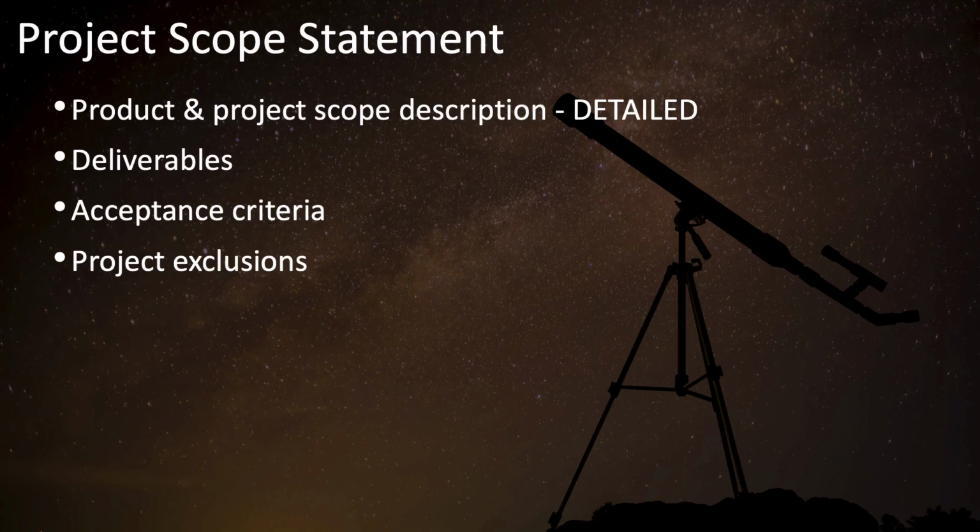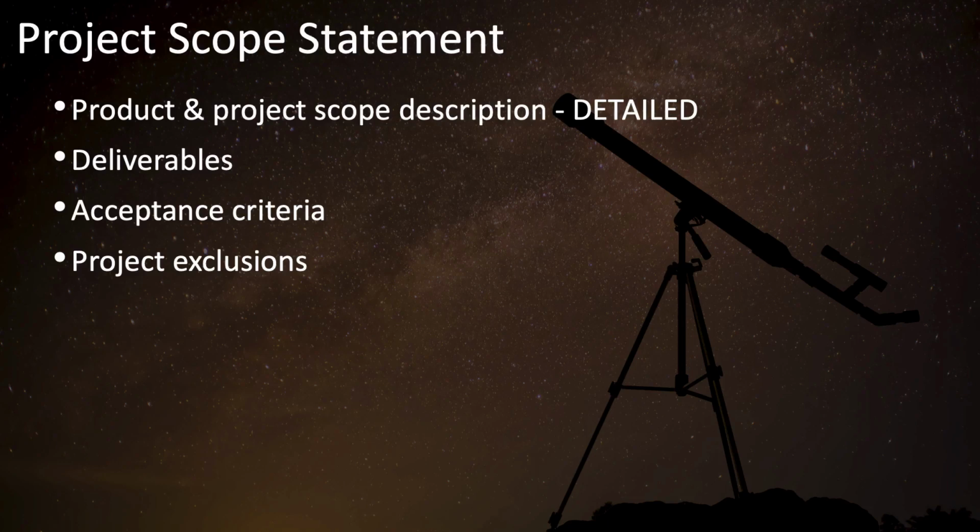It includes a list of the deliverables and describes those deliverables either at a summary level or in great detail. It includes the acceptance criteria or set of conditions that are required for these deliverables to be accepted. It also includes a list of project exclusions, items of scope that will not be done as part of this project to help manage stakeholder expectations.